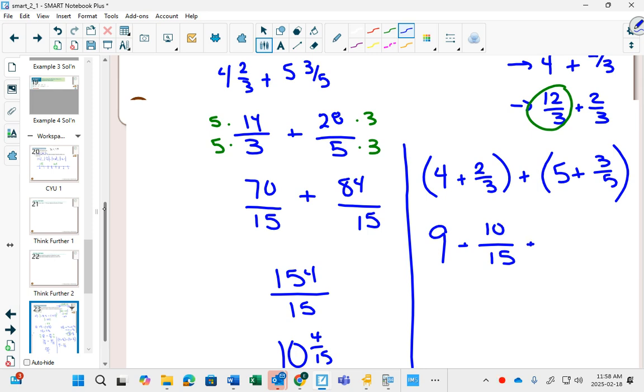And my 3/5 is really 9/15. So this is like 9 and 19/15. That's over 1, right? That's like 1 and 4/15. Well, if I add that 1 to the 9, that's 10. And then I have 4/15. I like that. As far as mental math goes, the biggest number I ran into is a 19. Not nearly as scary as that 84.